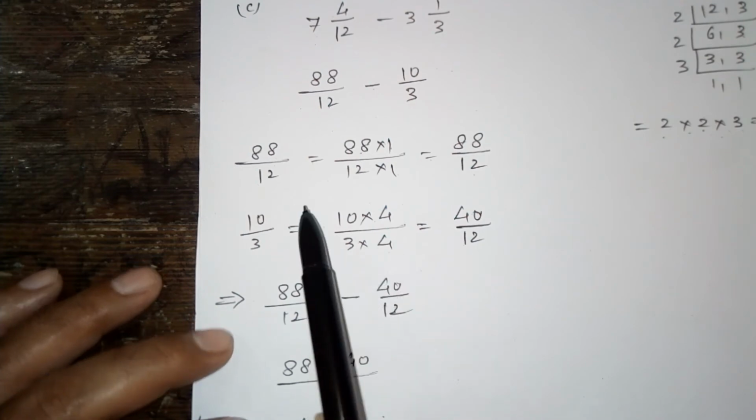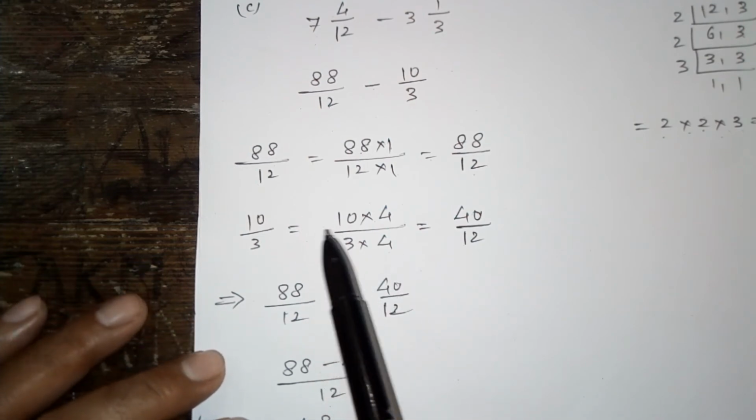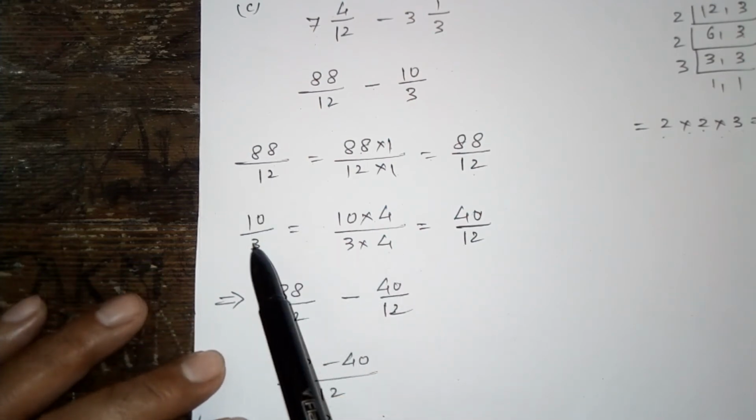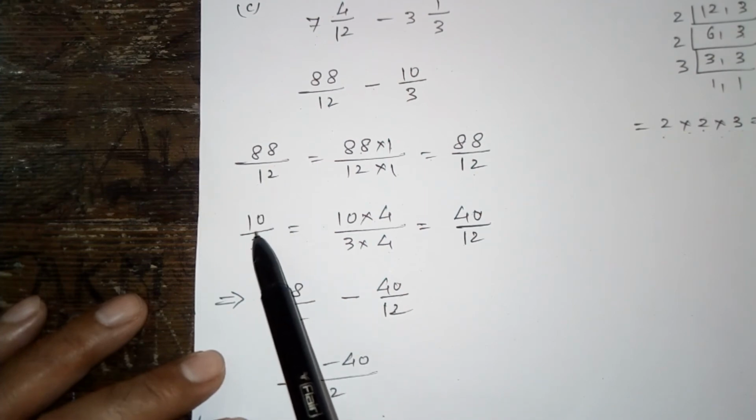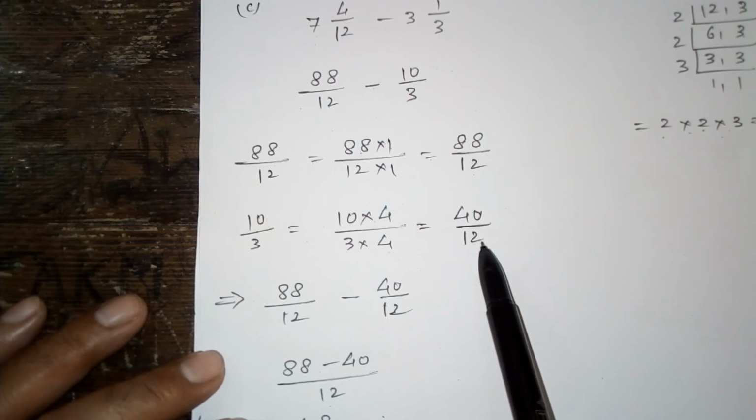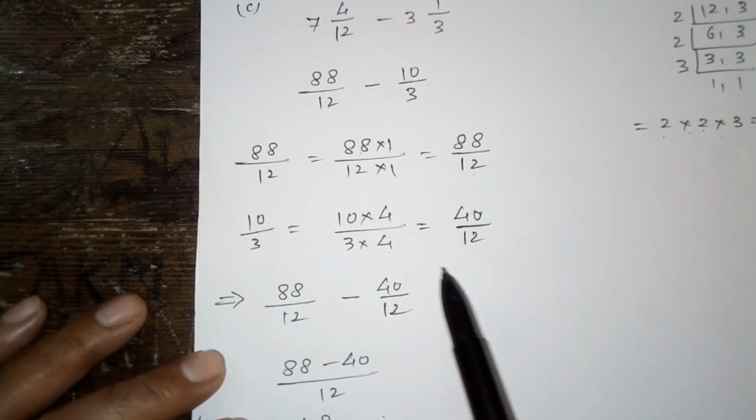As you are looking, these two fractions are unlike fractions, and unlike fractions are converted to like fractions, that's why the denominators are the same.